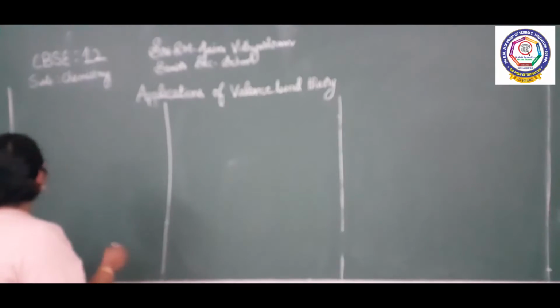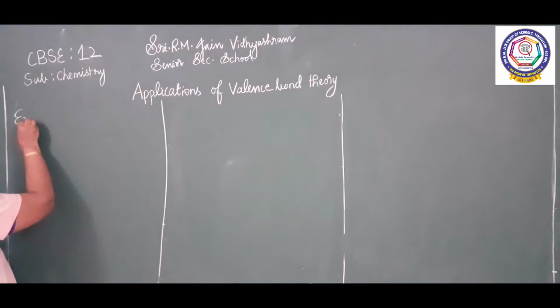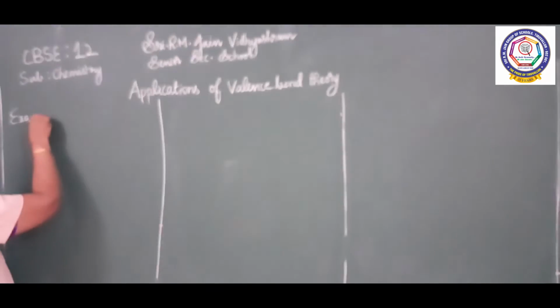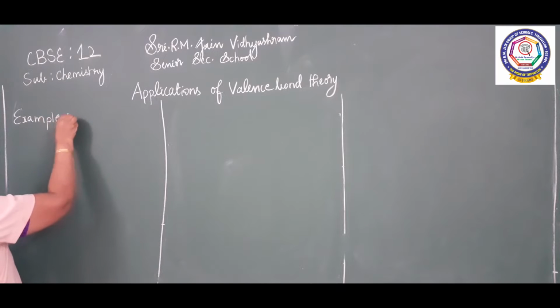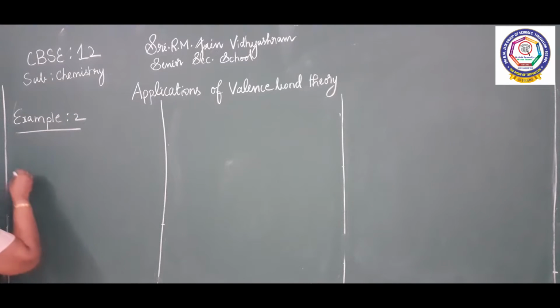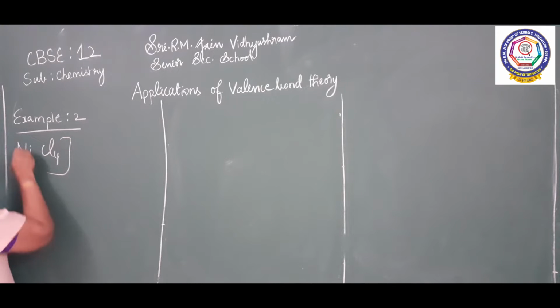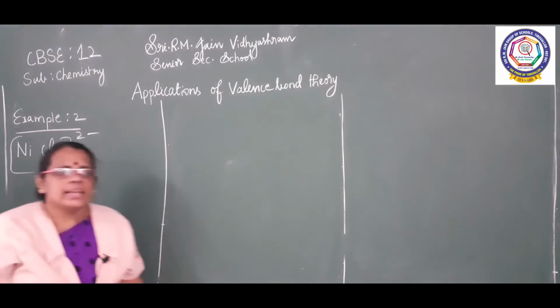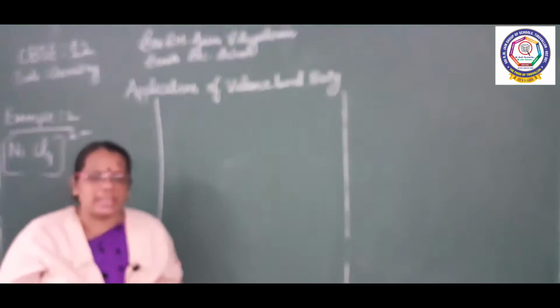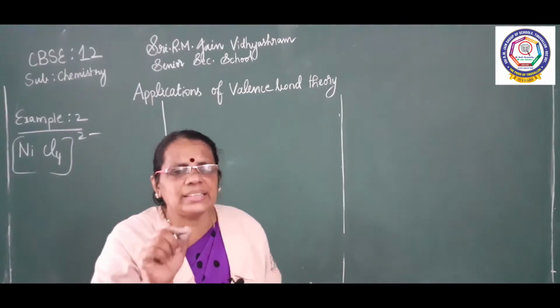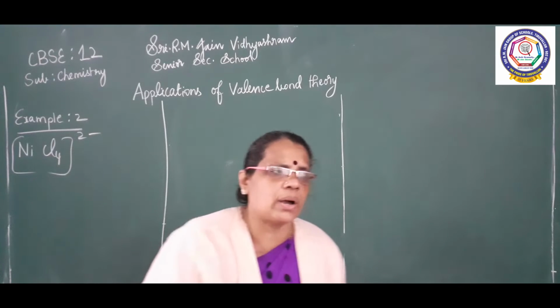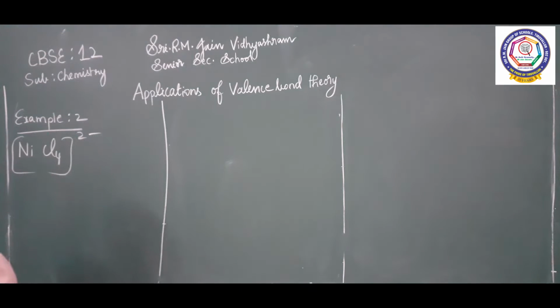The next complex is example 2: NiCl4 2 minus. So my complex is NiCl4 2 minus. What is the central metal ion here?